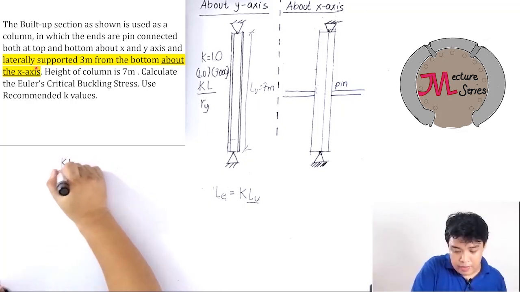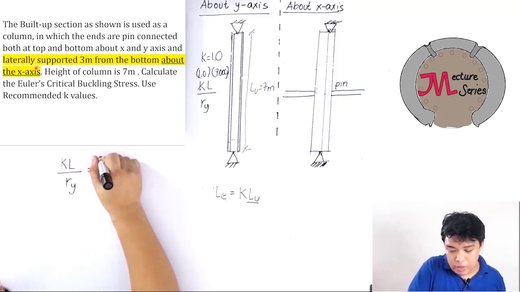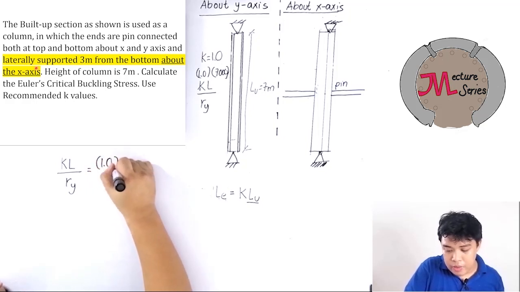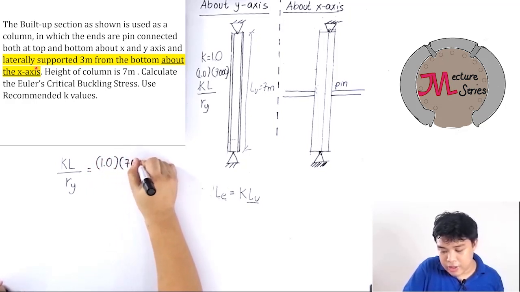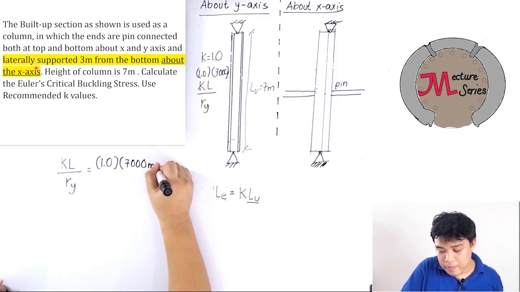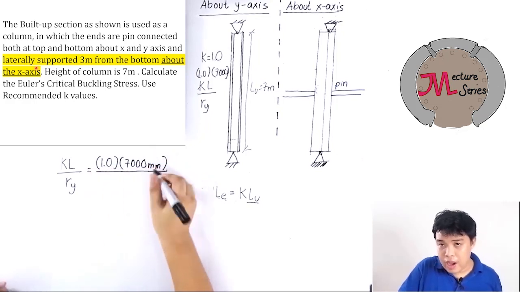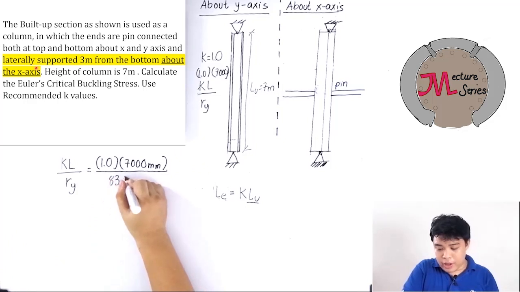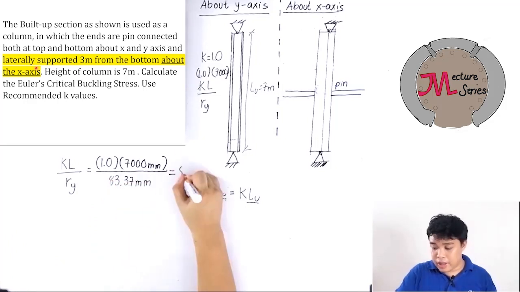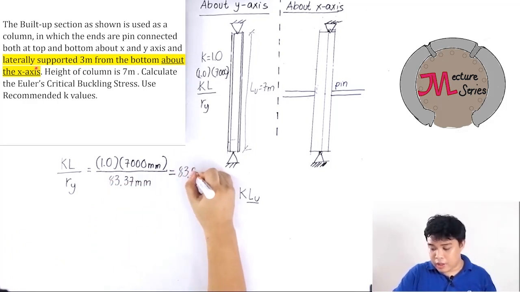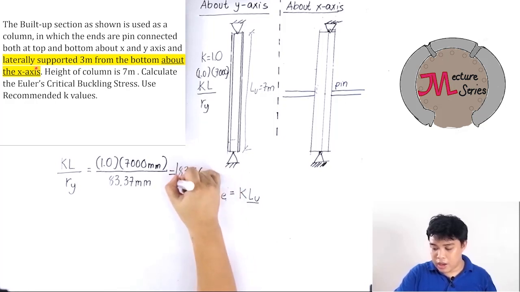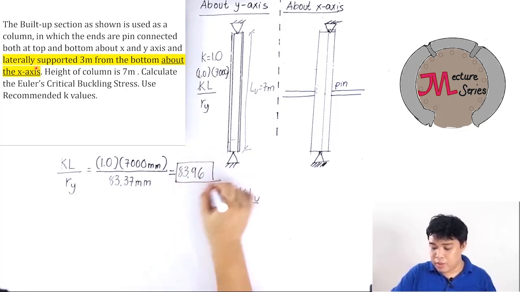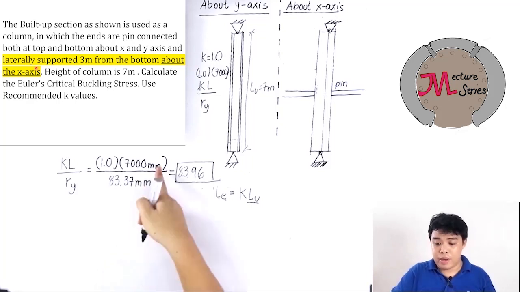So KL over R_y is equal to 1.0 times the unsupported length of 7,000 millimeter. And the value for R_y, we calculated before, which is equal to 83.37, and this is equal to 83.96. So guys, the slenderness ratio here has no unit because both are the same unit, millimeter.